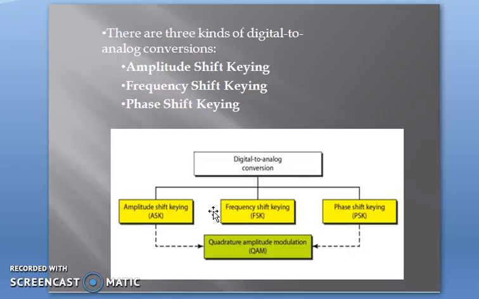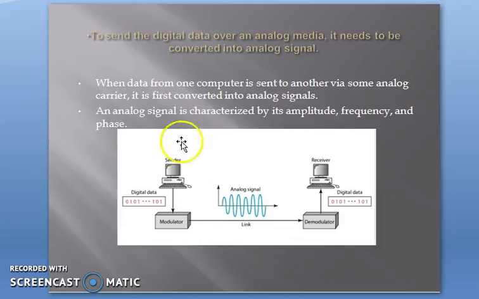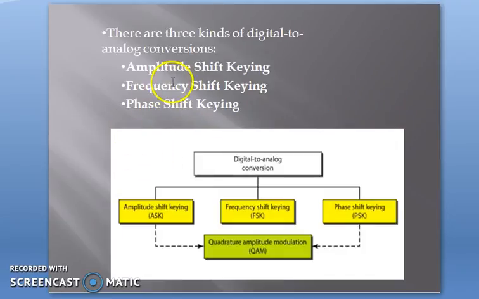As we know, there are three characteristics of an analog signal: amplitude, frequency and phase. Now we can see each of them in detail. If we change the amplitude of the analog signal to transmit the data, we say that it is amplitude shift keying. If we change the frequency of the analog signal, it is frequency shift keying. And if we change the phase of the analog signal, it is phase shift keying.